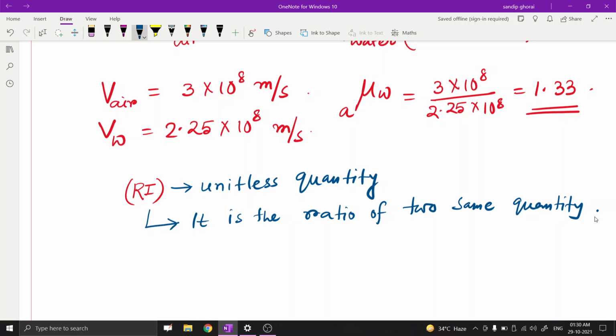So this is the simple concept about refractive index.